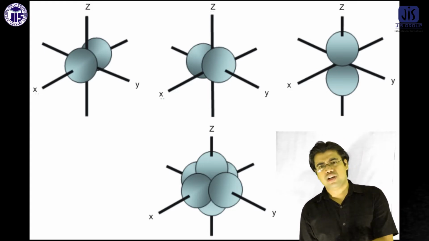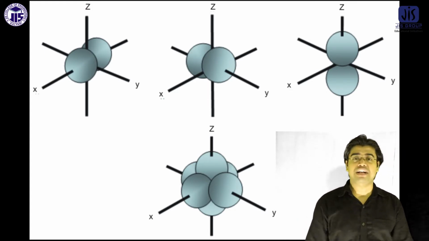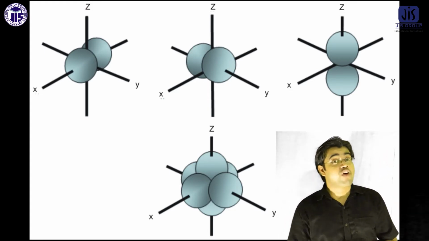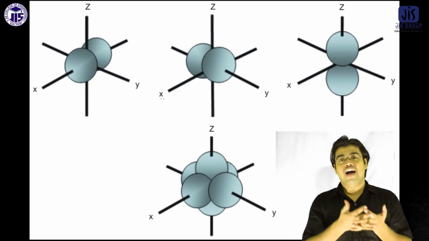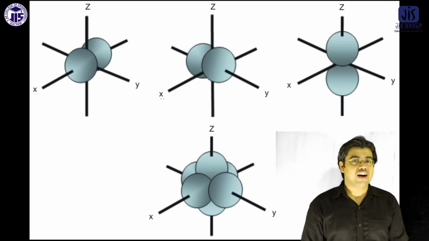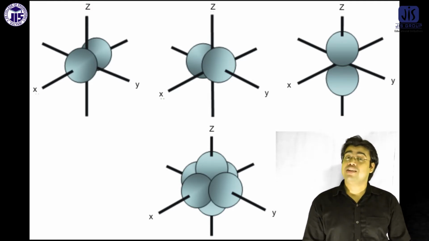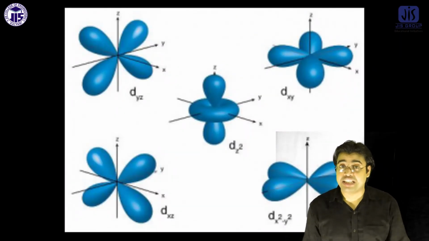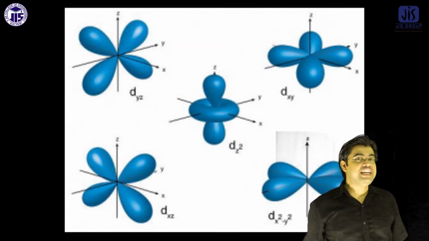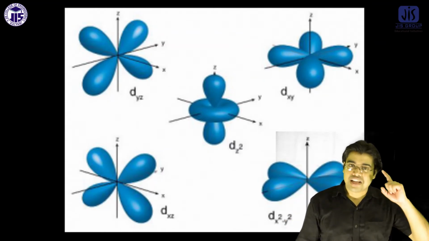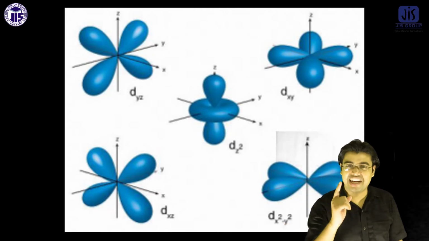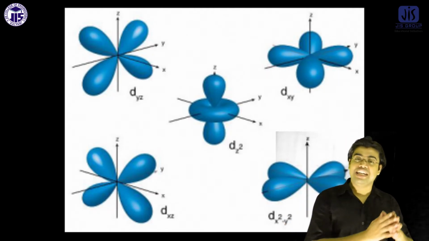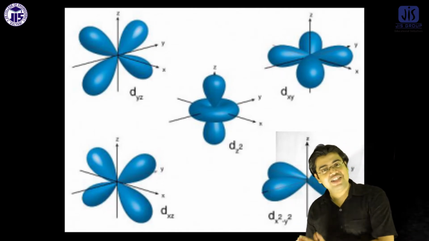Now come to the orbitals of the d subshell. There are 5 orbitals. You already know that there are 5 m values for the d subshell, so there are 5 d orbitals: first dxy, second dyz, third dzx, and then dx square minus y square and dz square.